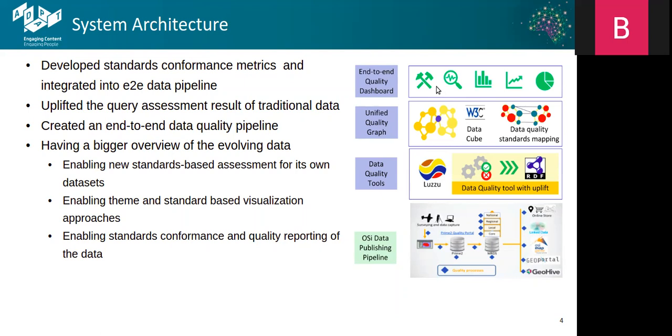And finally, we provide an end-to-end data quality dashboard to provide standardized reports. This allows OSI to have a bigger overview of evolving data with standards-based assessments, visualization, standards conformance, and quality reporting of the data.